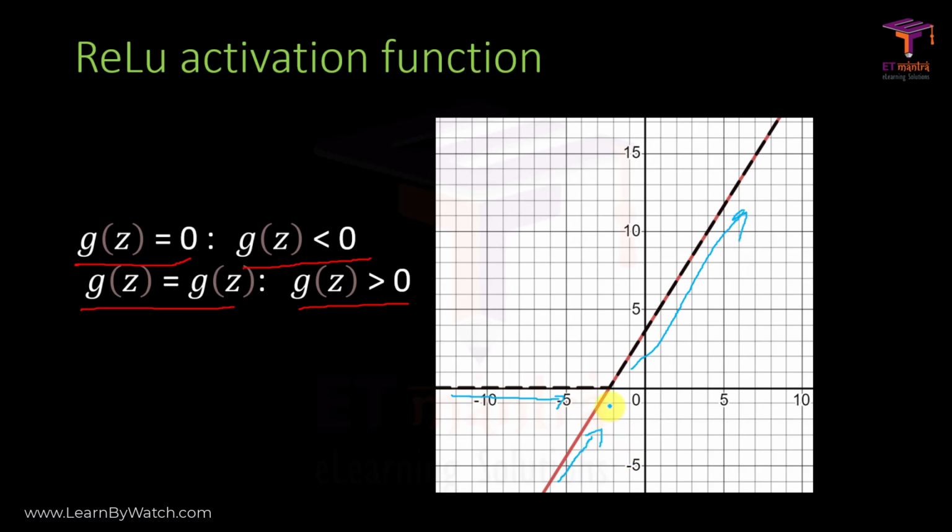It is very simple. Whenever it is more than 0, in this region the output is the same as the input. So you can see that in this region the input and output overlap, and if it is less than 0, in this region the output is simply 0. So it is a very simple function, and it is also very widely used.